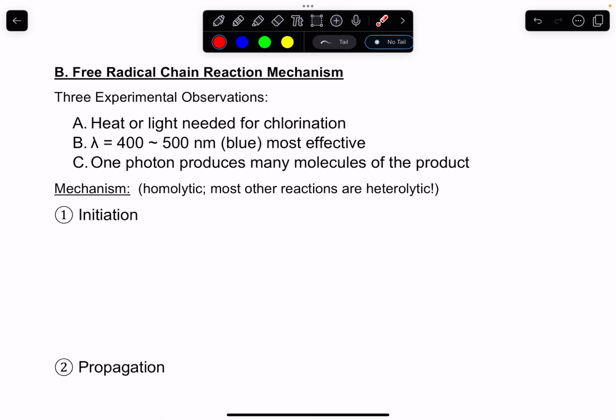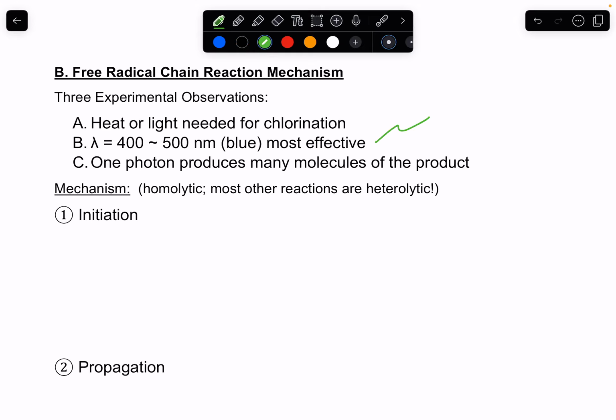It needs heat or light to initiate that halogenation. In this specific case, we're thinking about chlorination, but this is going to be true for bromination as well and other types of radical halogenation. At least for the chlorination reaction, we notice that the light that's needed is in the 400 to 500 nanometer blue range. The blue wavelength range is most effective. Why does that matter?